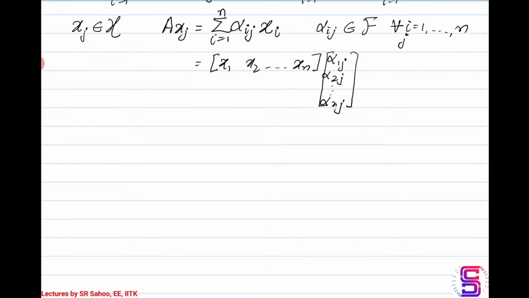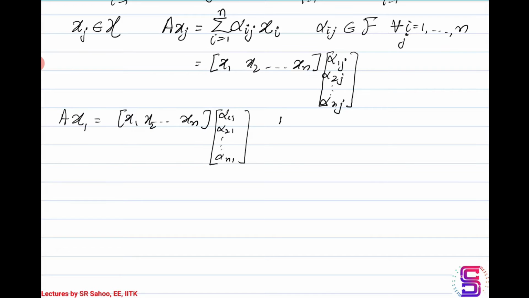Now, for A x1, you will have x1 x2 till xn multiplied by alpha 11, alpha 21, till alpha n1.